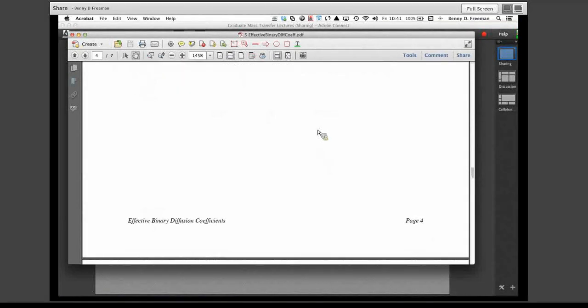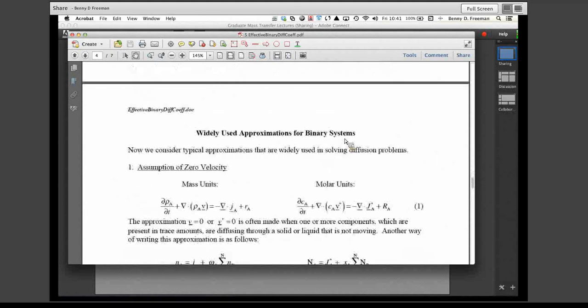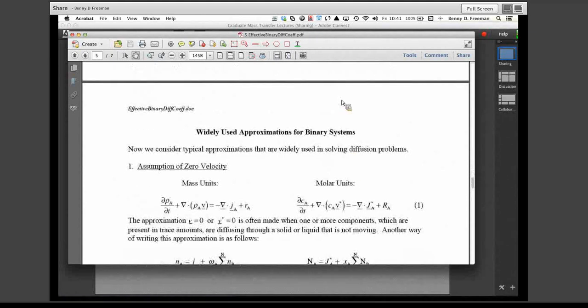And so that is the basis behind the so-called effective binary diffusion coefficients, and why you'll see us solving problems that are inherently multi-component, like the transport of a component of interest through air, or even the transport, for example, of oxygen in water.